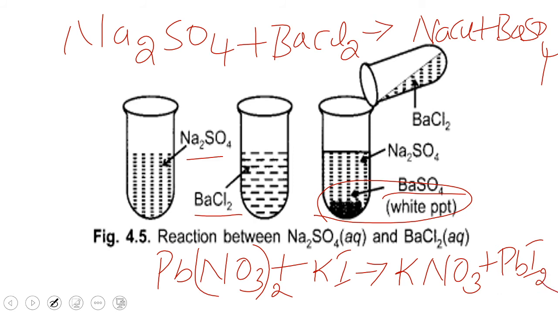It's PbI2. And I said this is a yellow color substance which is a precipitate. We observed that the precipitate will be shown with the help of a downward arrow mark.